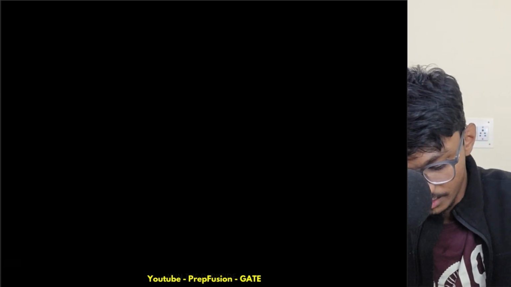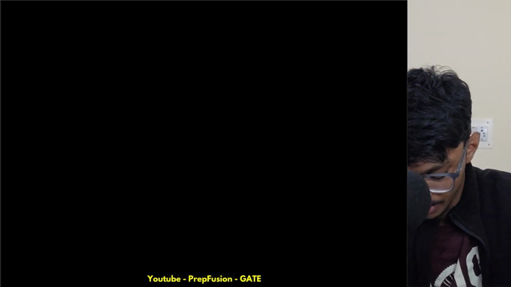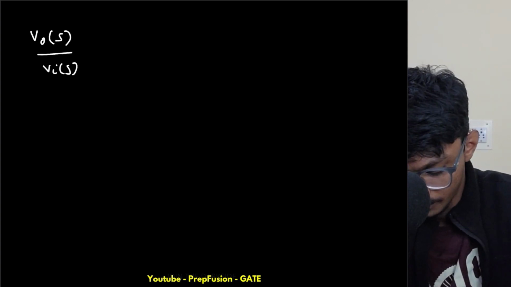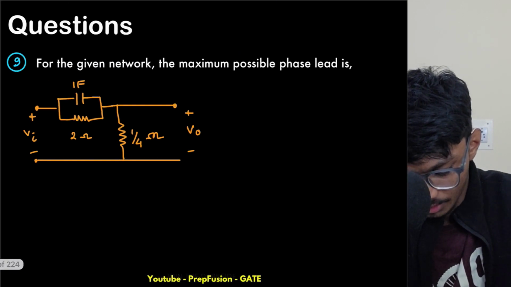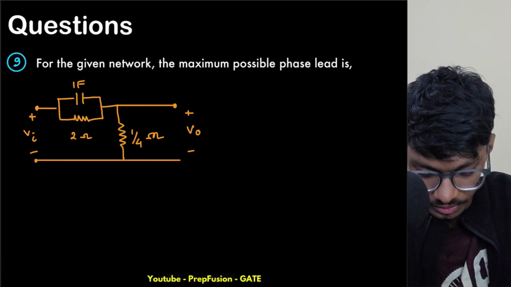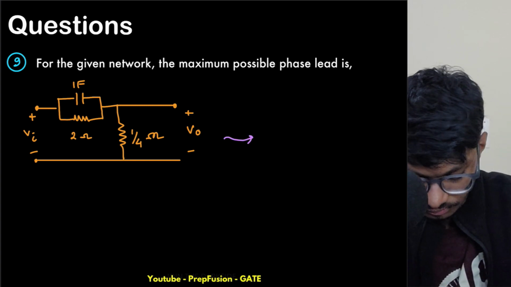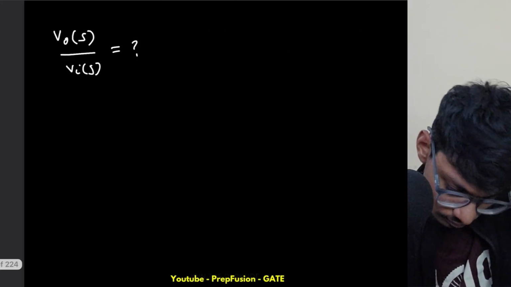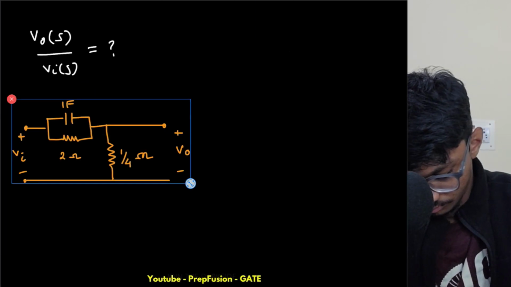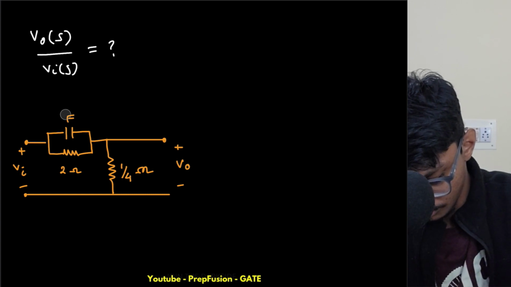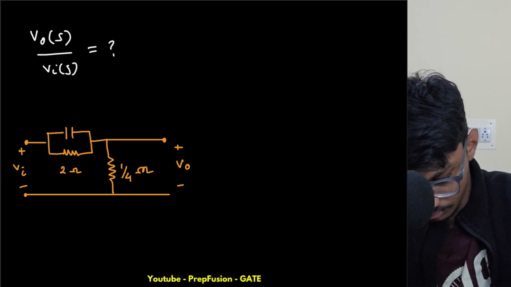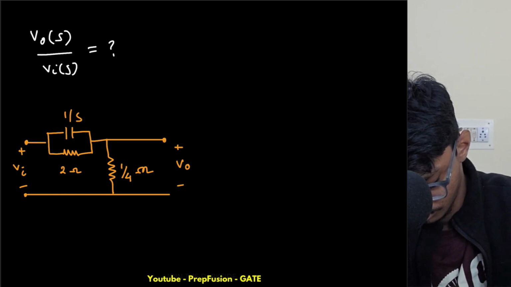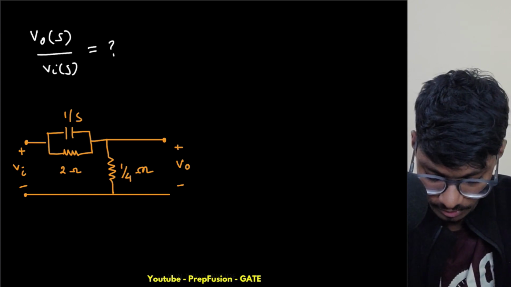I just want to write Vo over Vi of S. For that, I will simply transform this circuit into the Laplace domain. So basically, what will be Vo over Vi?